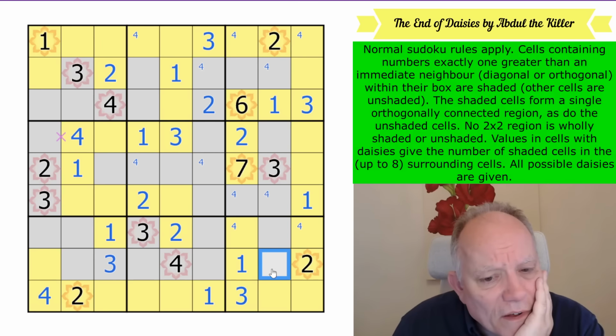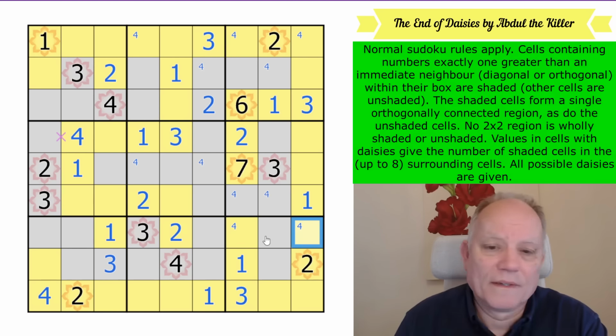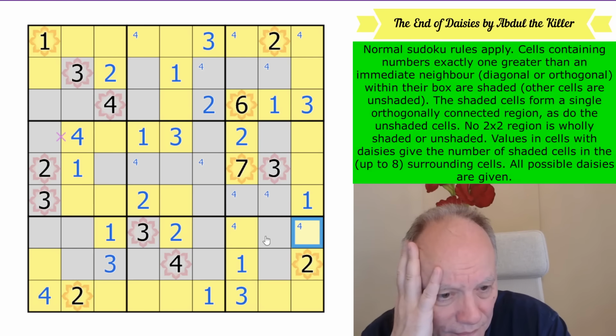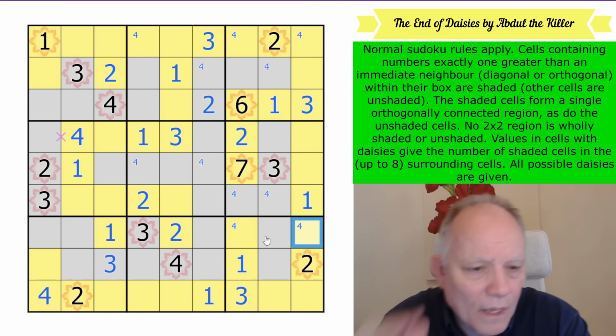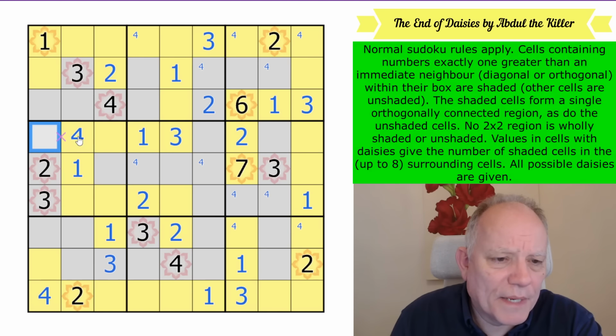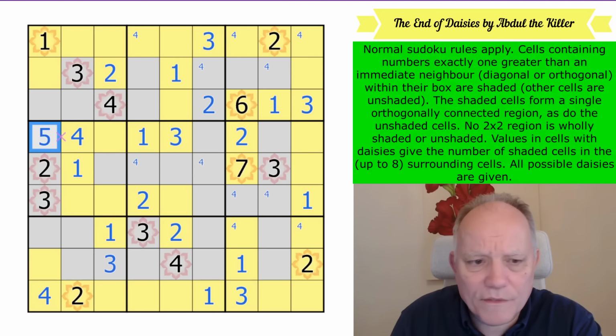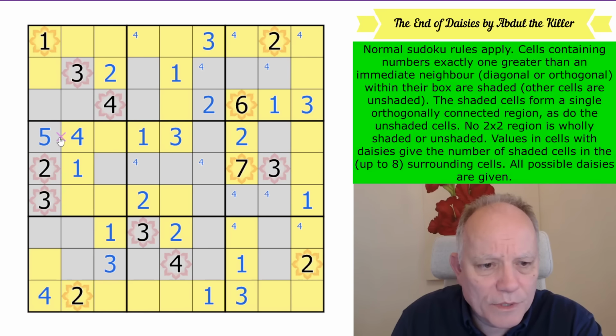That can't be 5, but those could, that could, and either of these. Oh, this X, this had to be touching that. This is a 5. I'd forgotten that I'd done that X, which was a consecutive marker.